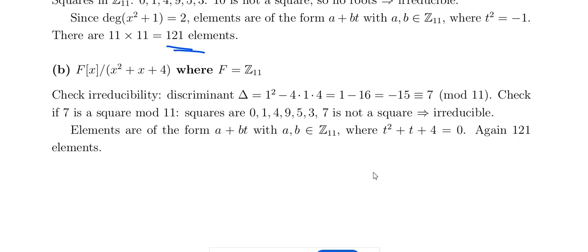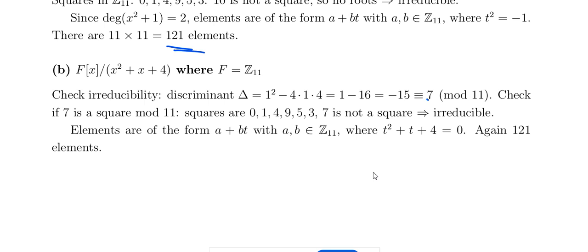Minus 15 modulo 11 is equivalent to 7 modulo 11. If 7 is a square modulo 11, the squares are 0, 1, 4, 9, 5. 7 is not a square modulo 11, so therefore it is irreducible.